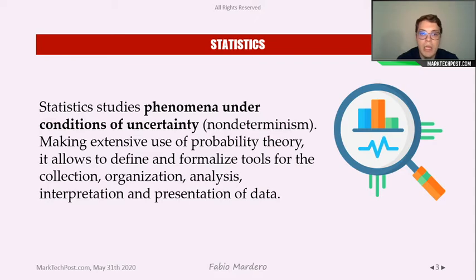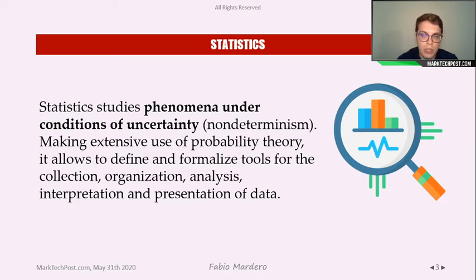Making extensive use of probability theory, statistics allows us to define and formalize tools for the collection, organization, analysis, interpretation, and presentation of data. And we remember that data is one of the key elements of a machine learning model.